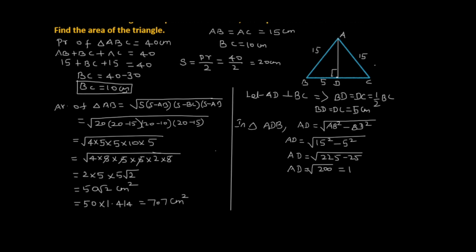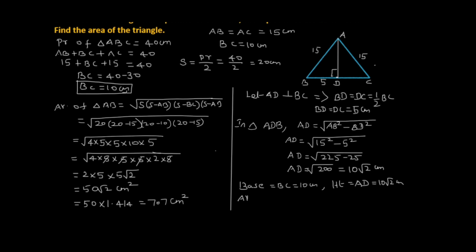100 into 2, so we can write 10 root 2 centimeter. Height of the triangle is 10 root 2 centimeter. Base of the triangle, here base is equal to BC is equal to 10 centimeter. Then height is equal to AD is equal to 10 root 2 centimeter.